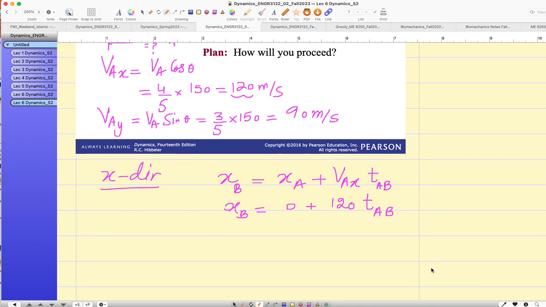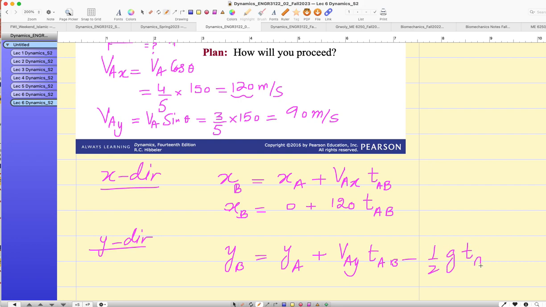Let us use the same distance formula, but in the y direction. YB equals YA plus VAY times TAB minus 1/2 G times TAB squared. Now let's see how many unknowns we have.